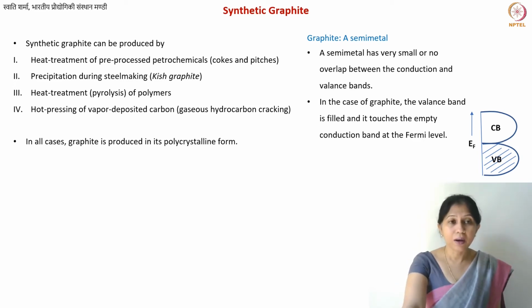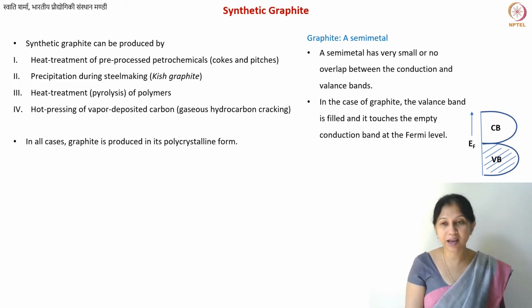Okay, so now a few other things. In all of these cases, you will get the graphite in its polycrystalline form, but on the other hand, you also know that graphite crystals are not too large. Unlike other materials, you have relatively smaller crystals. So for most manufacturing applications, the graphite that you're going to have is going to be in its polycrystalline form and not a single crystal form.